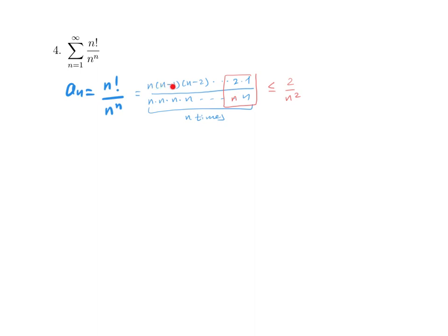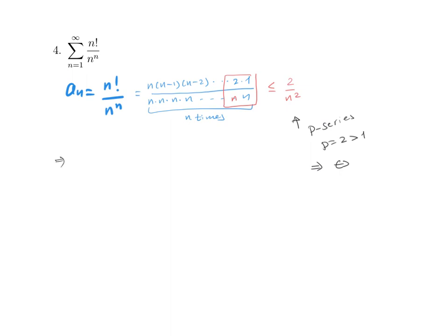So since each of the other factors is less than n, all of these are going to be less than 1. You could pick another number, but this will do the job. So you can safely say this is less than or equal to 2 over n squared. And you should recognize right away that this is a p-series where p is equal to 2. Since this is more than 1, that implies that this is convergent.